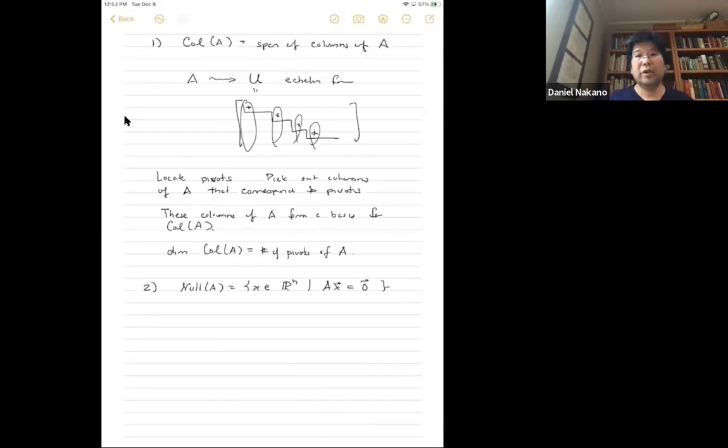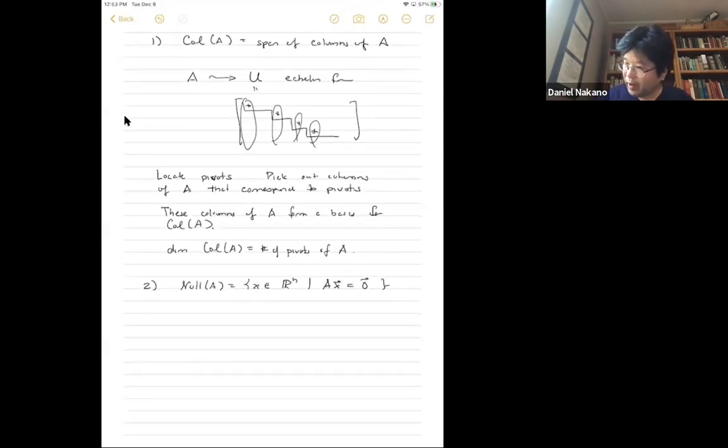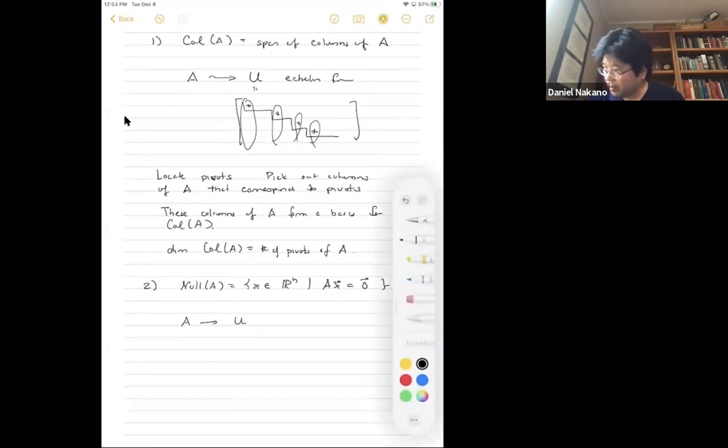It's just the solutions for the homogeneous system. Okay, and so how did we find a basis for the null space?